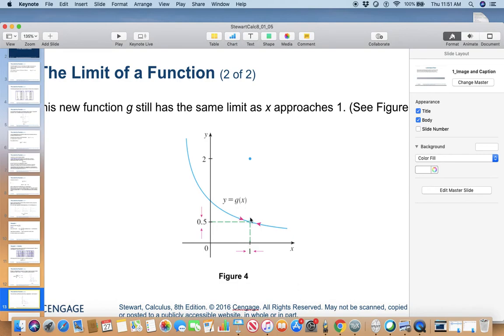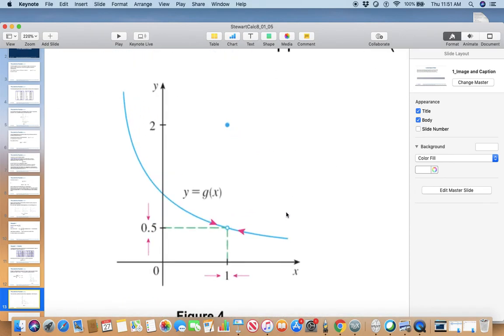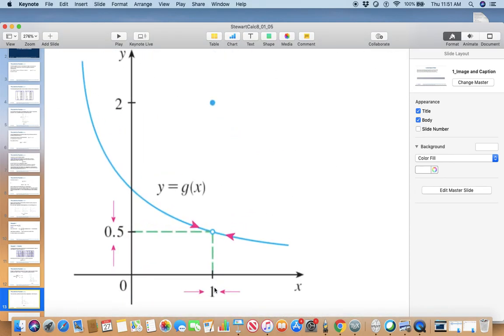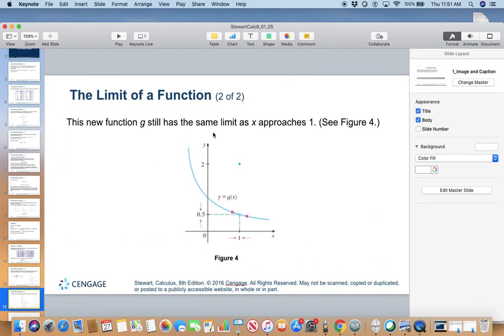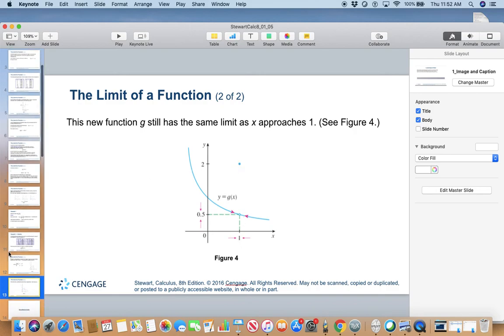At 1, it gets height 2. So essentially the same graph, but not really, because at 1 you have a certain height. So g at 1 is 2, but the limit of g(x) as x approaches 1 is 0.5. All right, so g has the same limit, but the value now is 2.